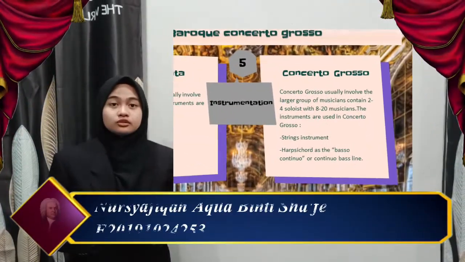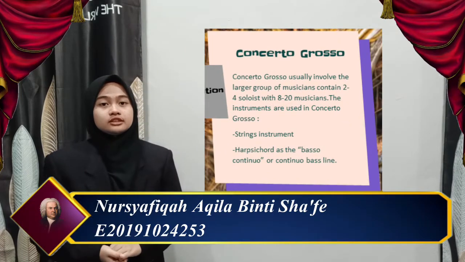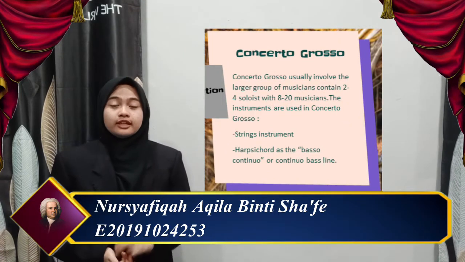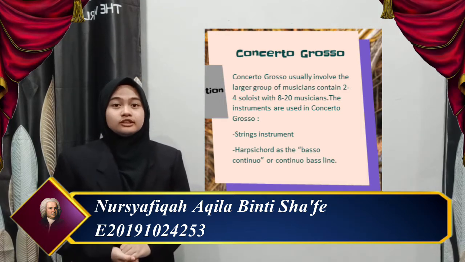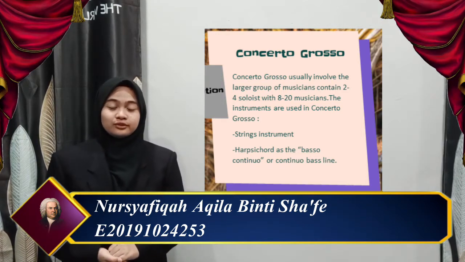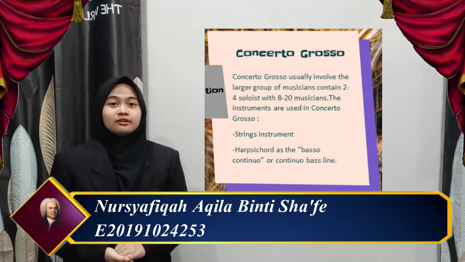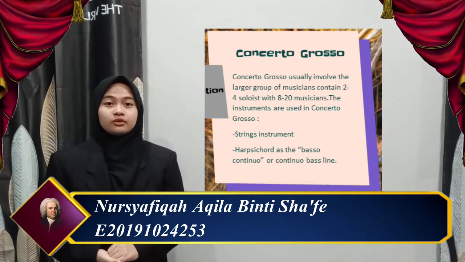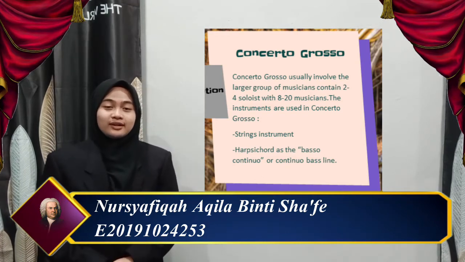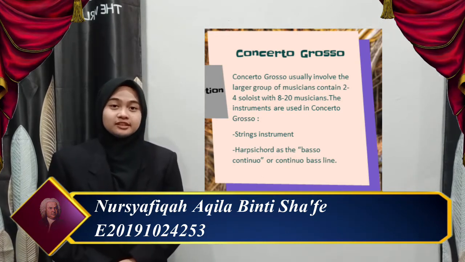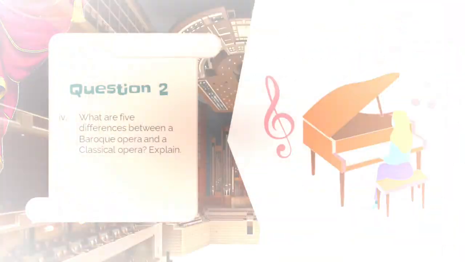Concerto grosso usually involves a larger group of musicians, which contains 2 to 4 soloists with 8 to 20 musicians. The instruments used in concerto grosso are string instruments and also harpsichord as basso continuo, or continuous bass line. So, I pass the last question presentation to Dashini and Zulfika.